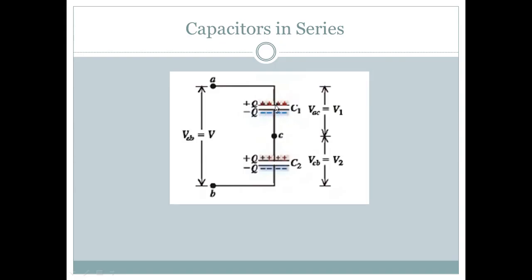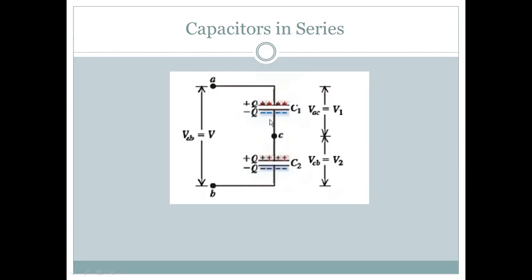Of course, the number of electrons that will be deficient on the upper plate corresponds to the number of electrons that would accumulate on the lower plate of the capacitor. So that means the net charge on the upper plate would be equal to the net charge of the lower plate.